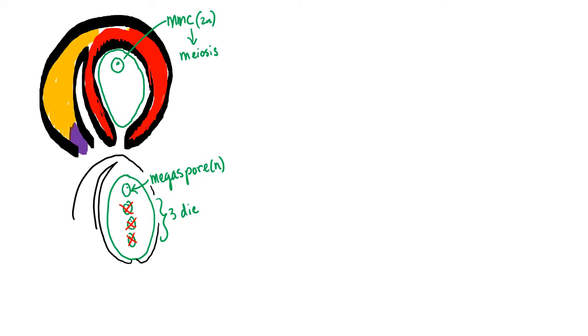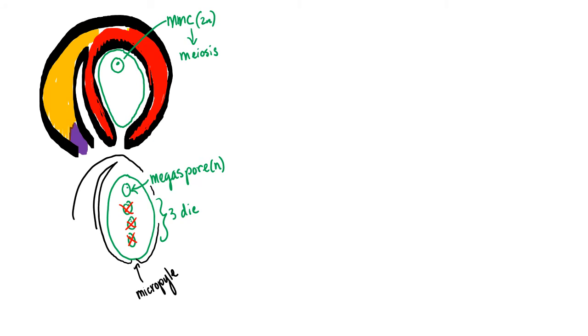And just like with our gymnosperms, this opening here is called the micropyle. And that is where the pollen tube is going to enter the megagametophyte and fertilize it. So a complicated set of interactions is about to happen.